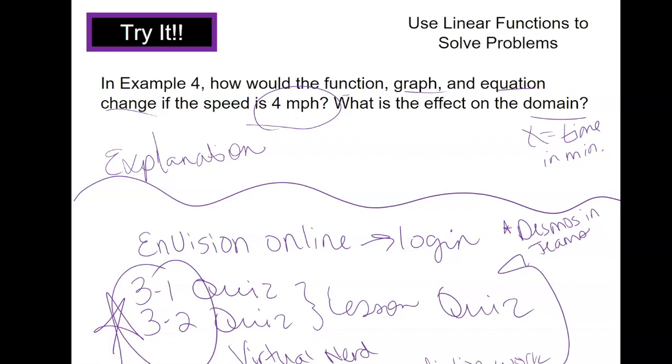And then if you get all of that done and you still have time, I want you to go in and do 3-4.